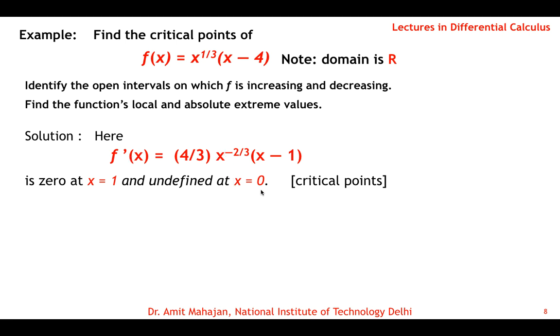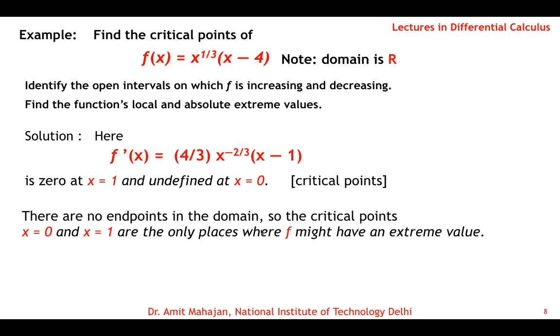So x is equal to 0 is also a critical point. Basically the domain can be divided into subintervals minus infinity to 0, then 0 to 1, and 1 to infinity. And in these subintervals either the function will be increasing or decreasing.